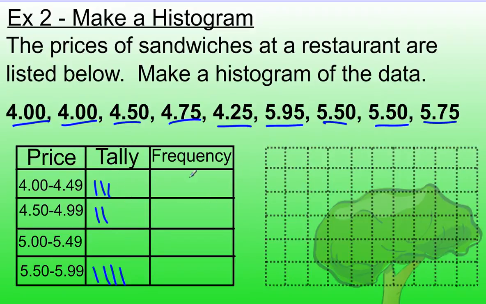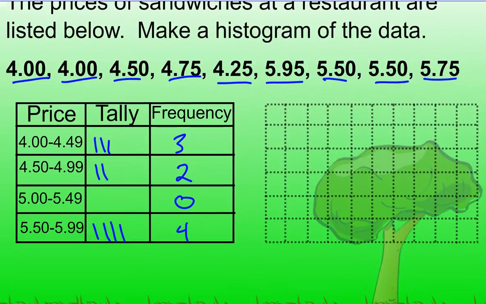So those are our tallies. Now, frequency is basically you just count the tallies and make a regular number. So there were 3 of them, 2 of them, 0 of them, and 4 of them. So we're figuring out how often you get a sandwich in the $5.50 to $5.99 range. That's what the frequency table does.